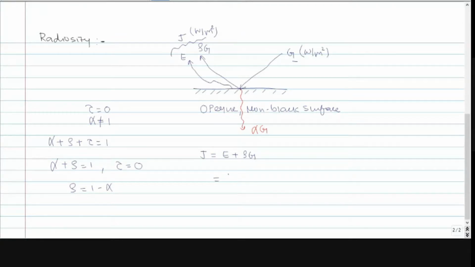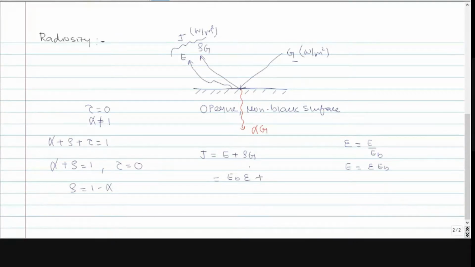Now E equals emissivity times Eb, because we have defined the emissivity as the emissive power of any surface divided by the emissive power of a black surface. So the emissive power of any surface becomes the emissivity times the emissive power of black surface. I put down the value of E over here.